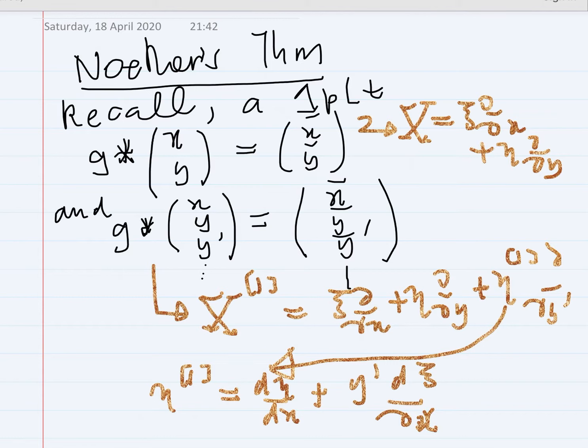And there was one other aspect, and this was quite important, in that we showed that if we expanded x bar, y bar, and similarly y bar dashed up to first order in the parameter G, then they had a structure that included the xi's, etas, etc. So let's just recall that too.